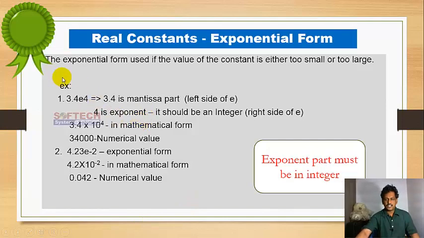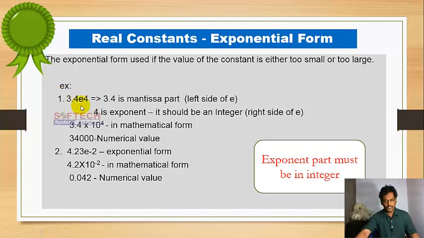In real constants, there is the exponential form, for example 3.4 E4. This is an exponential form. The left side of E, 3.4, is the mantissa part. So an exponential form consists of two parts: before the e and after the e.